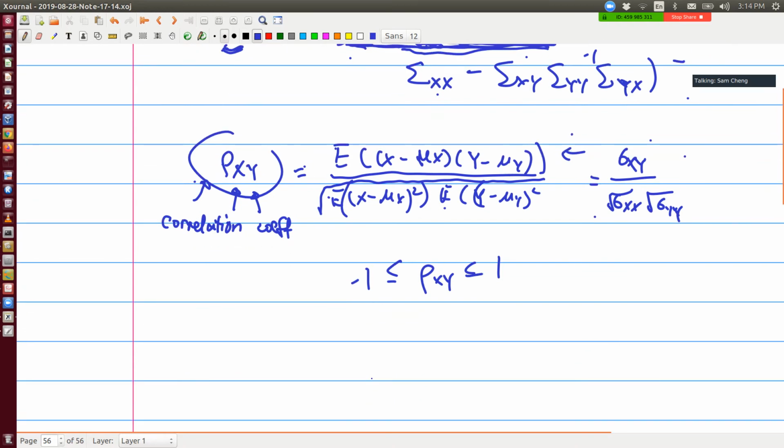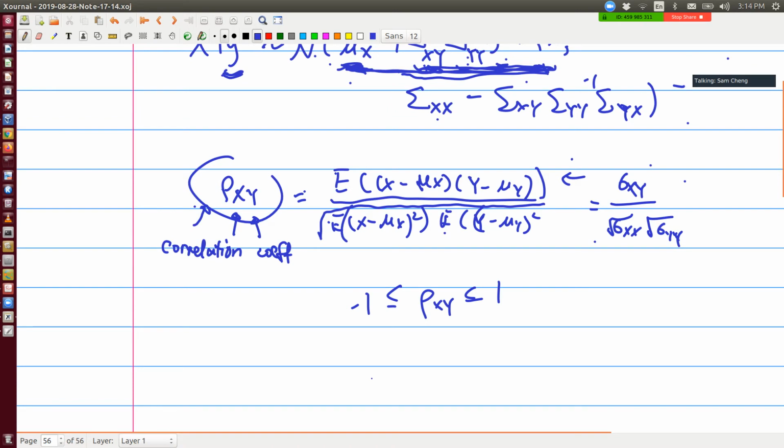But let me not jump into that because I was not prepared. Then when this is 0, it means that we don't have correlation, exactly. When it's 0, it's not correlated, it'll be uncorrelated essentially.